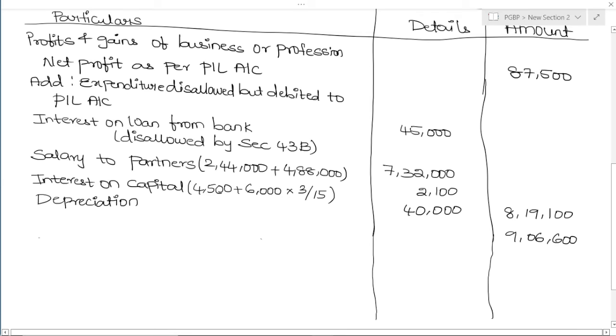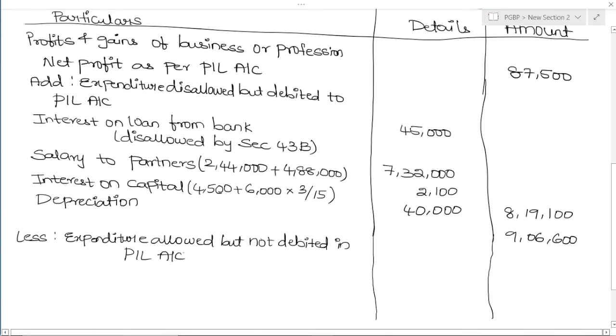Less: expenditure allowed but not debited in the P&L account. How much? Depreciation.